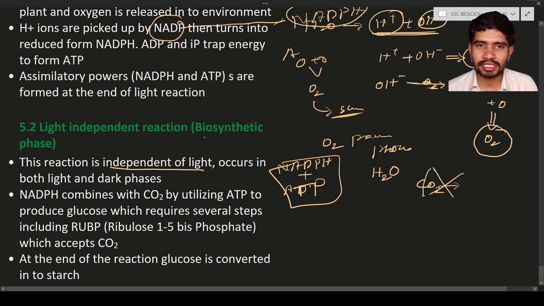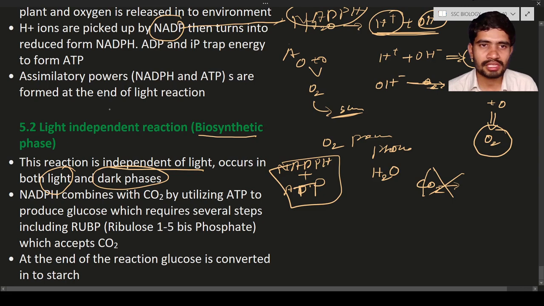Here the light is not necessary, and it occurs both in bright light conditions and also dark conditions. It doesn't mean that it is occurring at night time. It is independent of the light, that is known as light independent reaction.